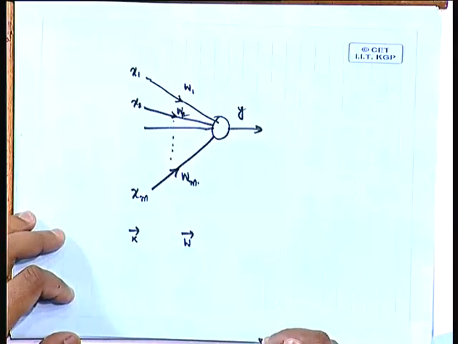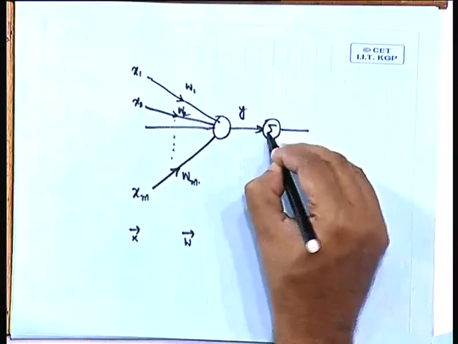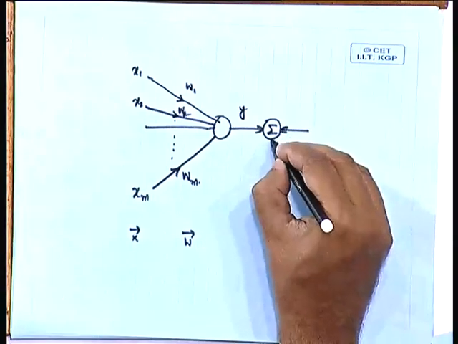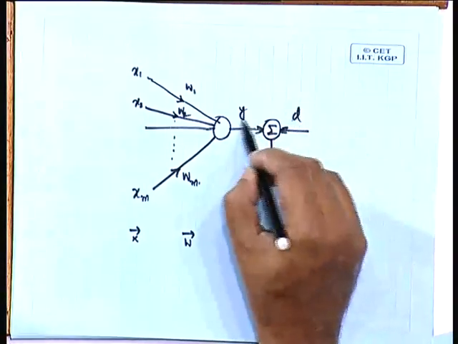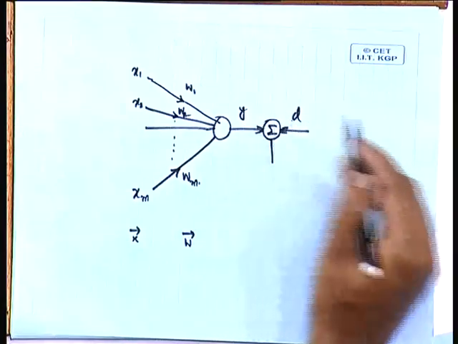So, y is nothing but either x transpose w, or w transpose x, and this will be compared against some d, the desired response. So, there will be a comparison between d and y.